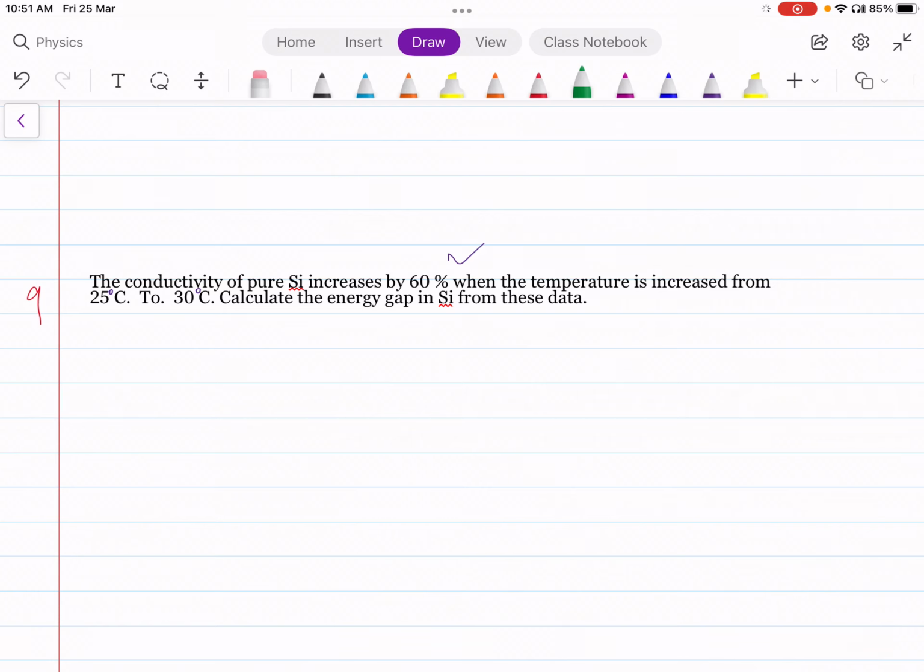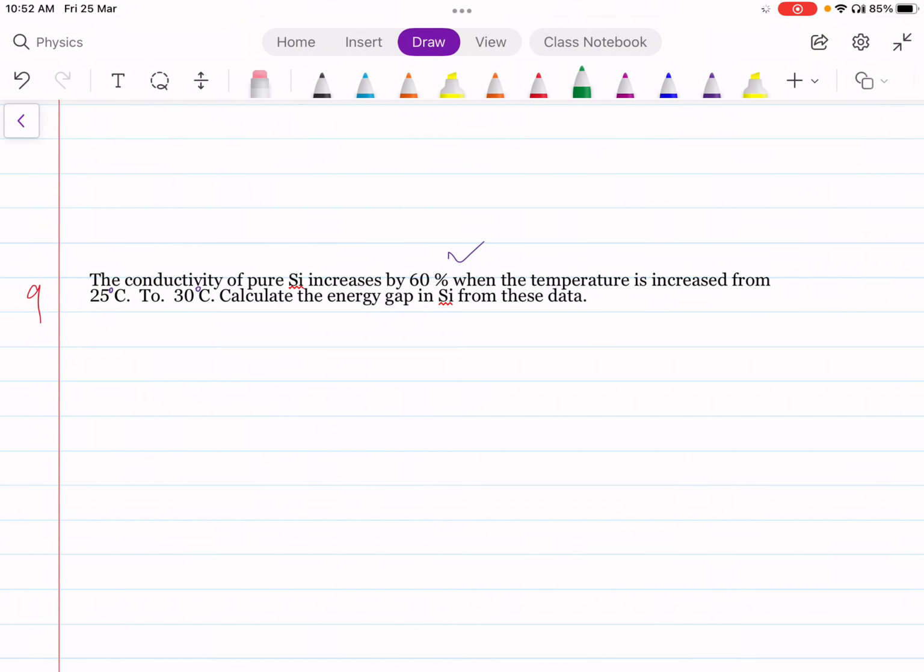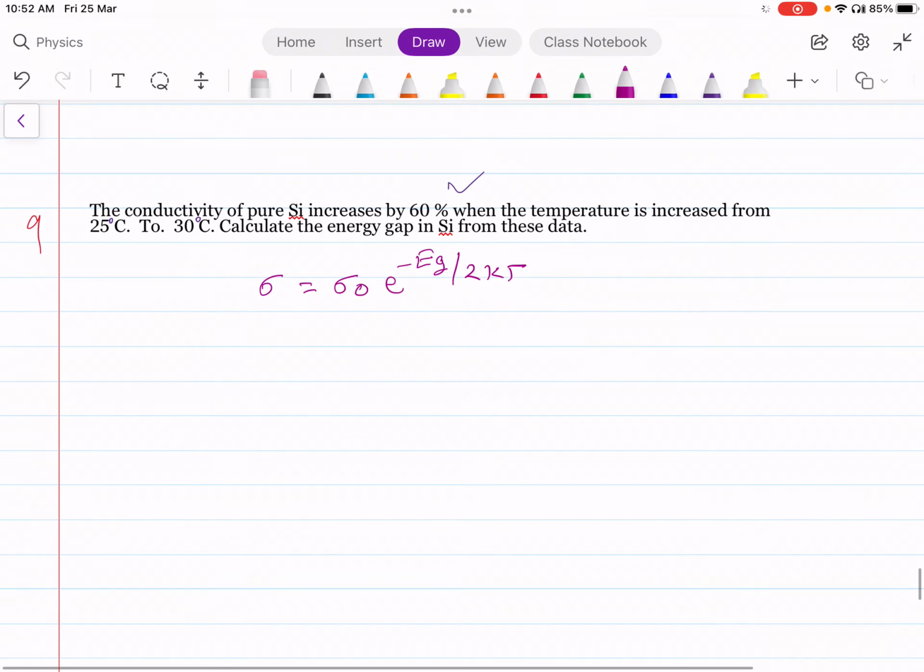The conductivity of pure silicon increases by 60% when the temperature is increased from 25 degrees Celsius to 30 degrees Celsius. Calculate the energy gap in silicon from this data. So this is related to the conductivity, and we know the relation for conductivity is sigma equals sigma naught e raised to minus of Eg upon 2kT. So this is the equation for conductivity.